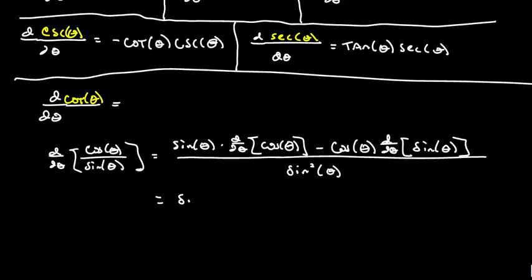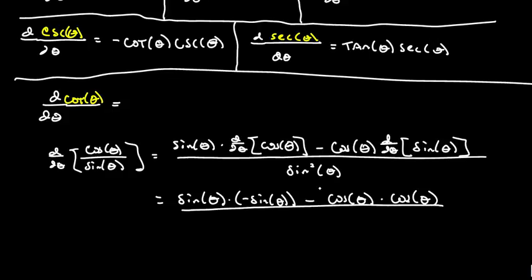So this is going to be sine theta times negative sine theta, because the derivative of cosine theta with respect to theta is negative sine theta. This is going to be cosine theta times cosine theta all over sine squared theta.